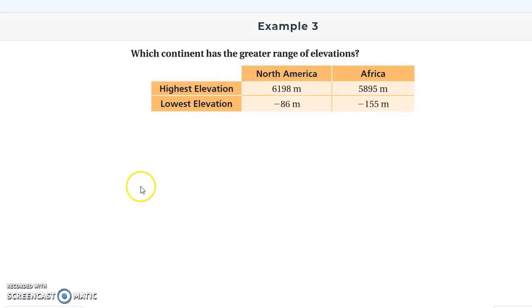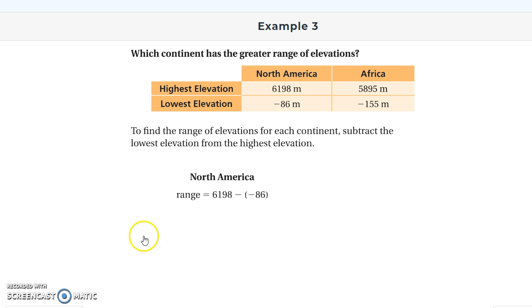Here we go. Example 3. Word problems. Which continent has the greater range of elevation? So we're going to compare these two elevations. Highest to lowest, the greater range. Okay? So we look at North America. We subtract the negative 86, so we're going to add the opposite.